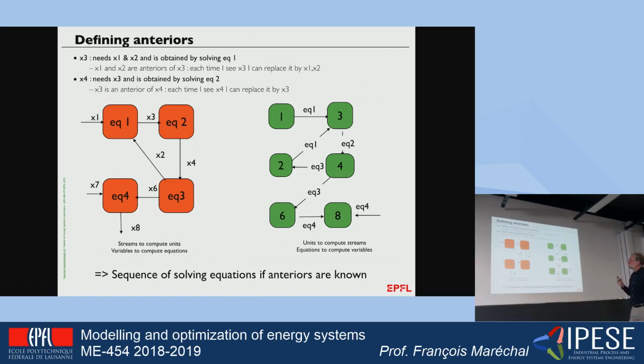So the predecessors or the anteriors can be seen from this diagram. And what the predecessors are telling me is who is needed in order to calculate the value of one stream. So what are the streams that are needed in order to calculate the value of a given stream? And what I will see here is also what are the operators, being units or being equations.